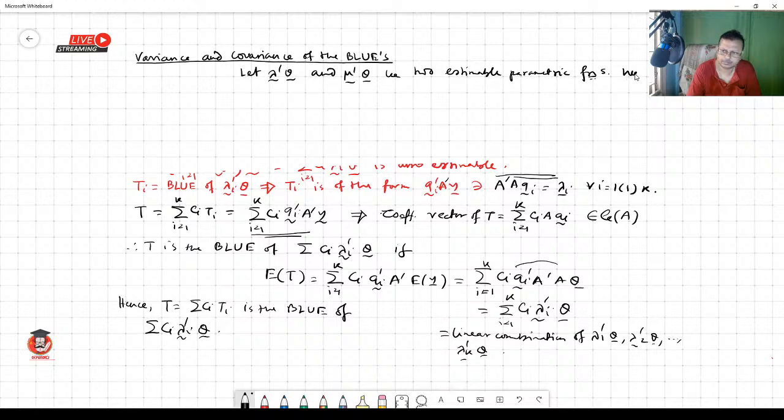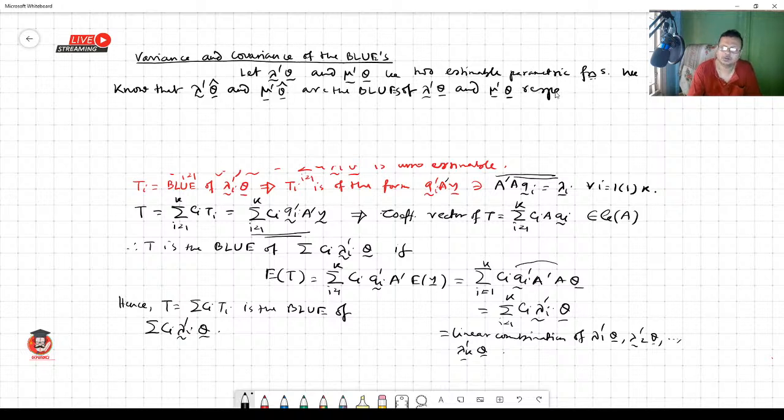We know that the hats of λ'θ and μ'θ are the BLUEs of λ'θ and μ'θ respectively.